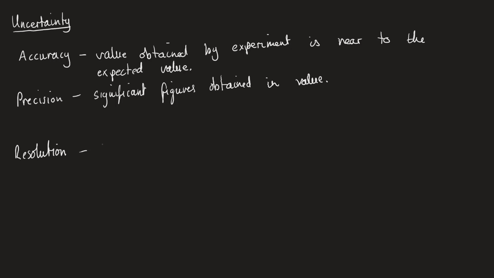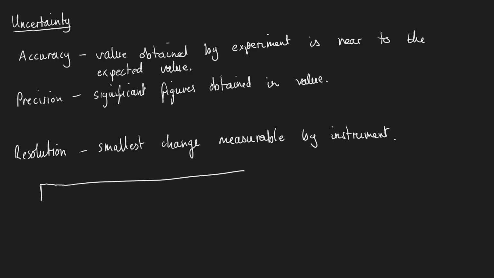So the resolution is just the smallest change measurable by that instrument. So if we have, for example, a meter long ruler, we know meter rulers we can measure to the nearest millimeter, and so our resolution is to the nearest millimeter.